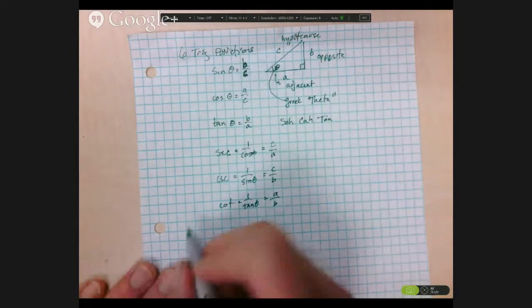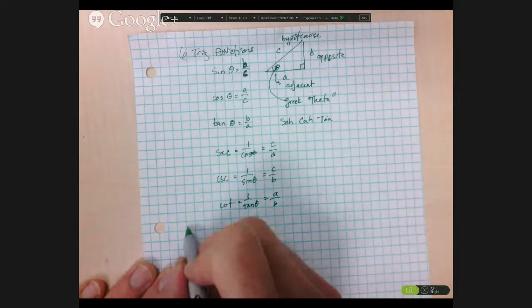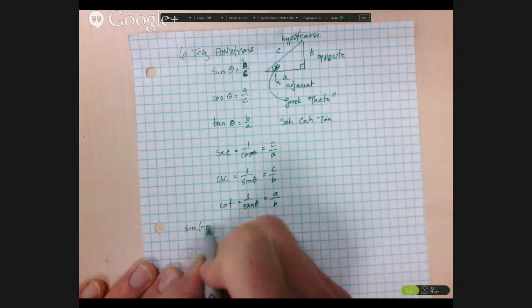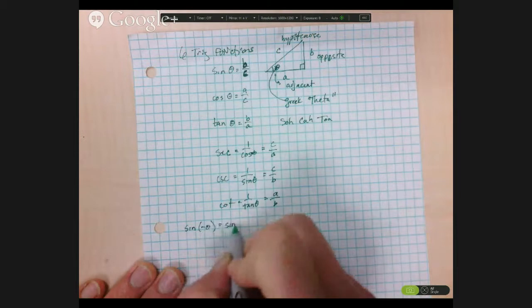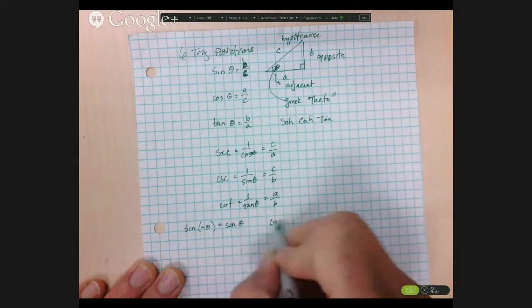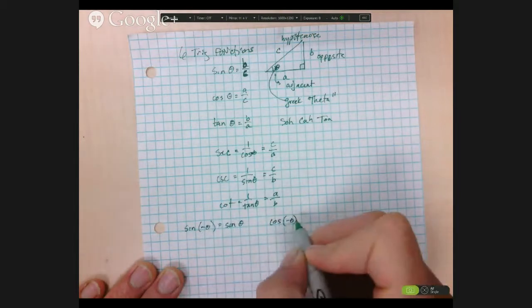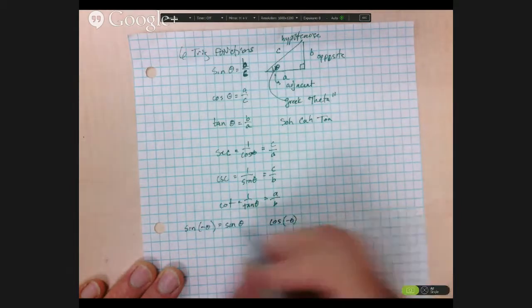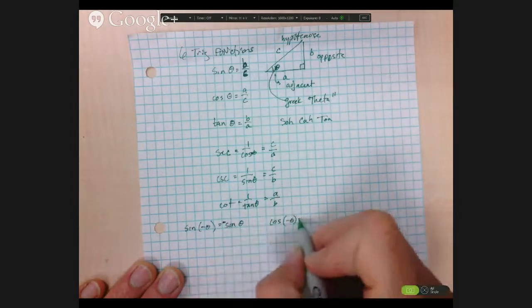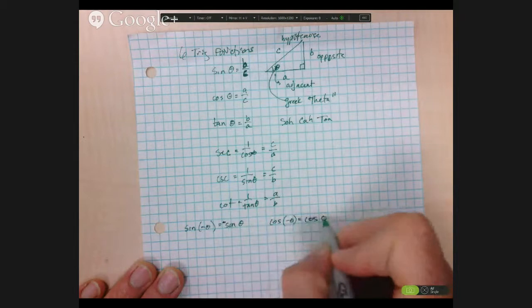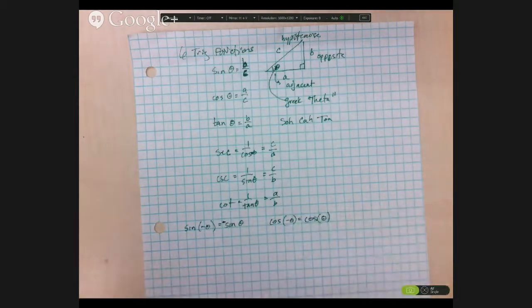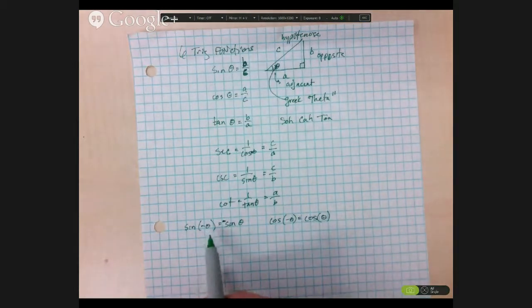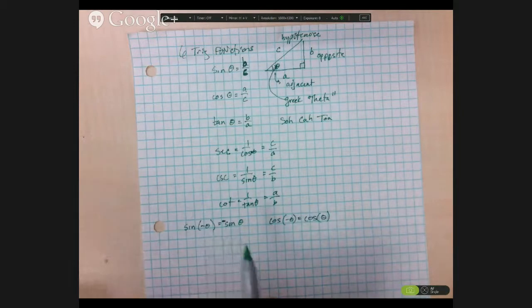Something you ought to know: if you're going backwards, sine of negative theta is the negative of sine of theta.